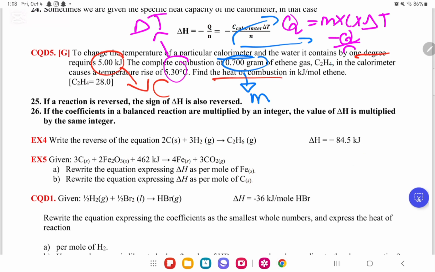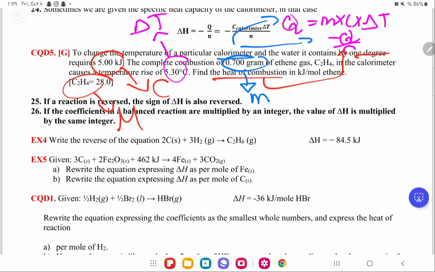Find the heat of combustion. Did they ask us to find the heat required, the energy required, or did they ask us to find the heat of combustion? No, they asked us to find the heat of combustion. So anytime they ask you to find the heat of combustion, heat of formation, heat of anything, if it's calorimeter, we use negative Q over N. We have over here our molar mass.